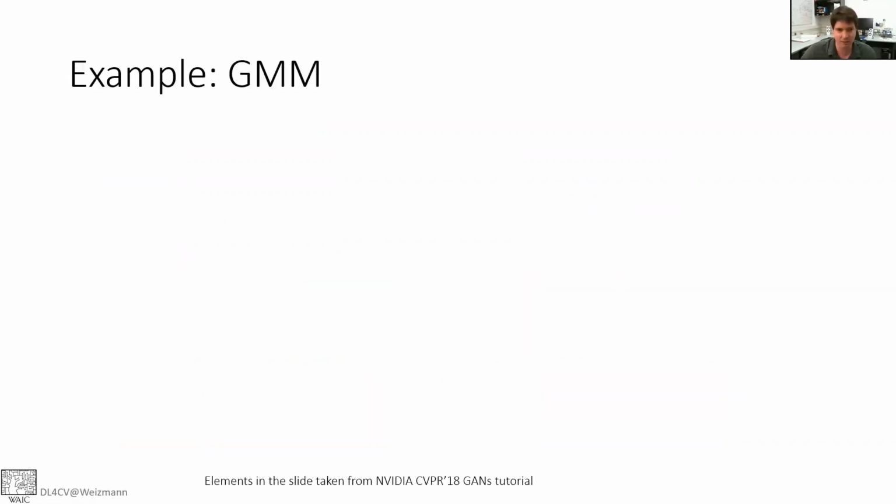Here is a quick example of a generative model that can work for simple data based on parametric estimation. The model is called GMM. For those of you who are not aware, it's a Gaussian mixture model. And a Gaussian mixture model is exactly what it sounds like. I hope most of you have heard about it before.